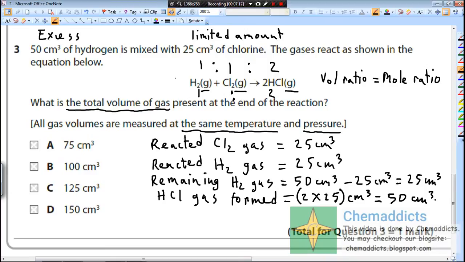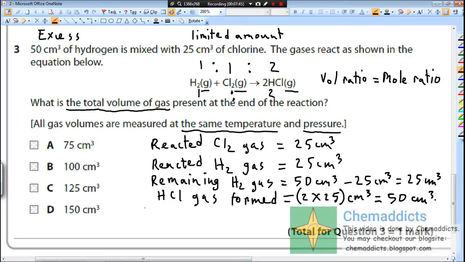The only things that will be present here are hydrogen gas and HCl gas. Since hydrogen gas is in excess amount, hydrogen gas would be present, and since HCl is formed, HCl will be there. Okay, so we will end up getting hydrogen gas and HCl in the reaction mixture.